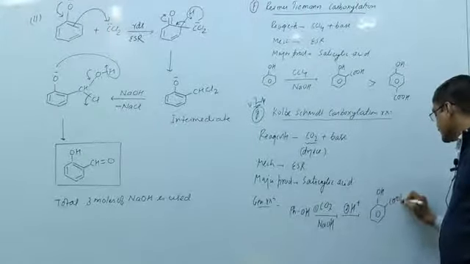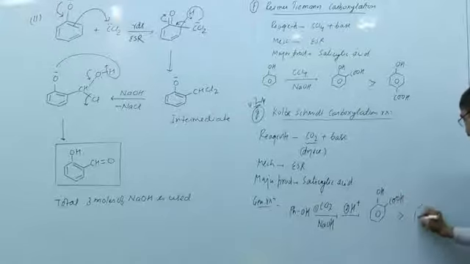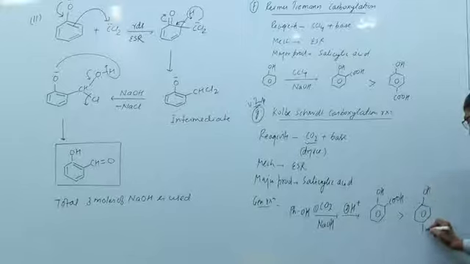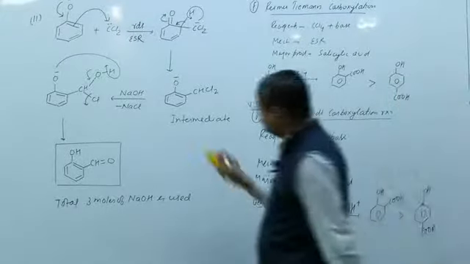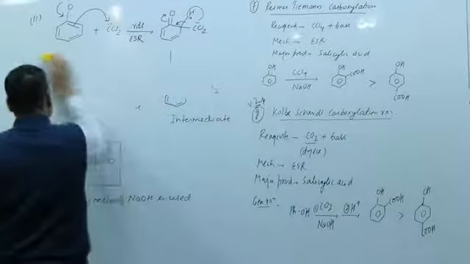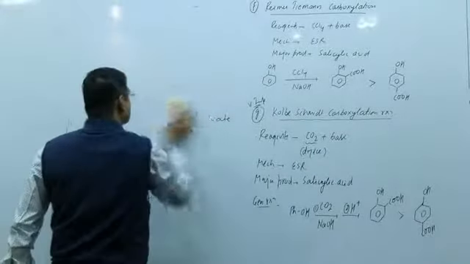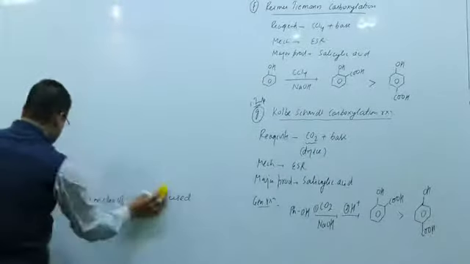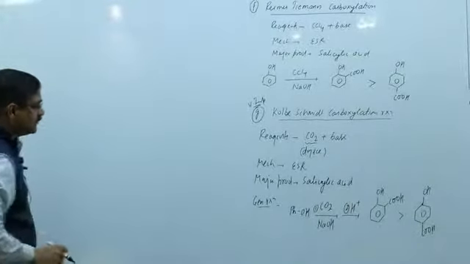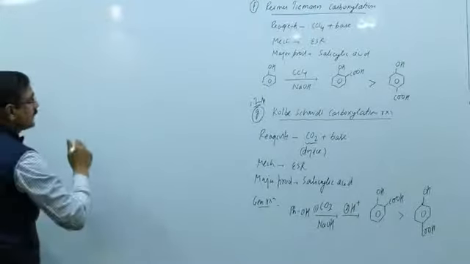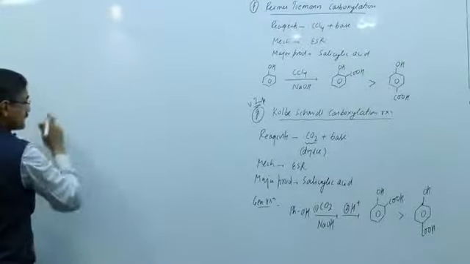We get salicylic acid as major, and para-hydroxybenzoic acid is the minor product. So I write the mechanism for Kolbe reaction. Salicylic acid is a very important compound for many medicines.